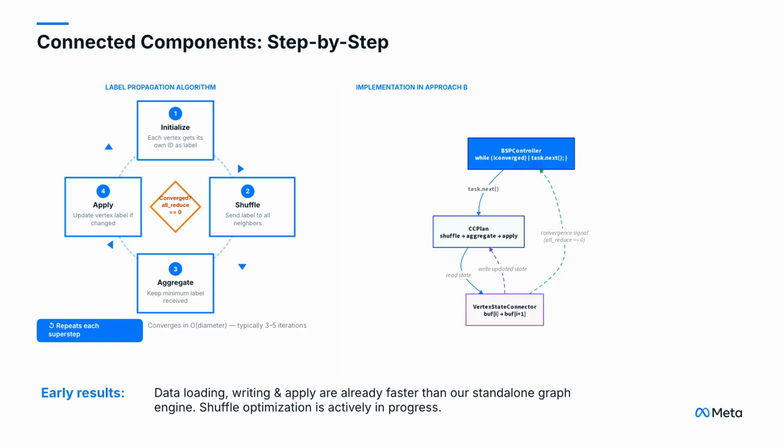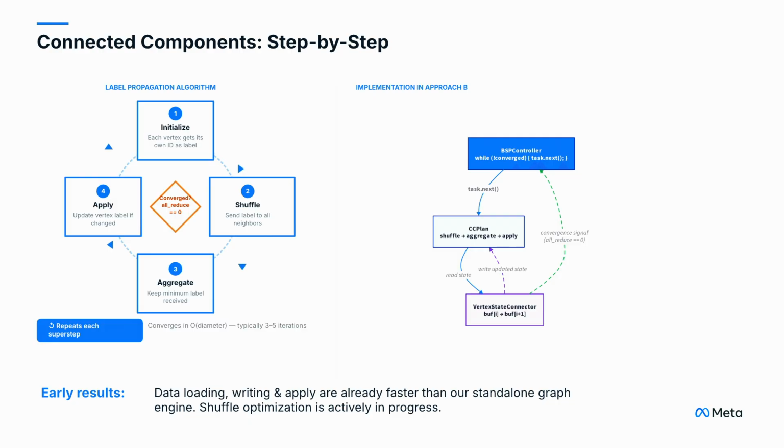Outside of that, for the control of the loop, we have the BSP controller. It drives the loop. It calls the function to give the next task until converged. And we also have the vertex state connector. It double buffers the vertex labels so that state persists across supersteps.